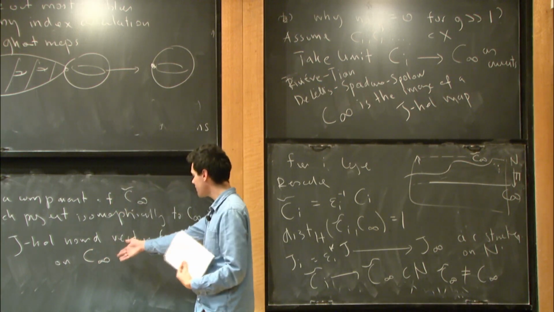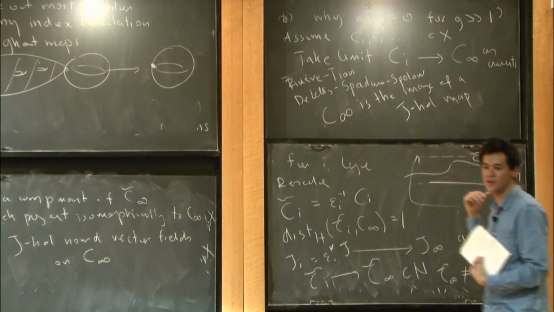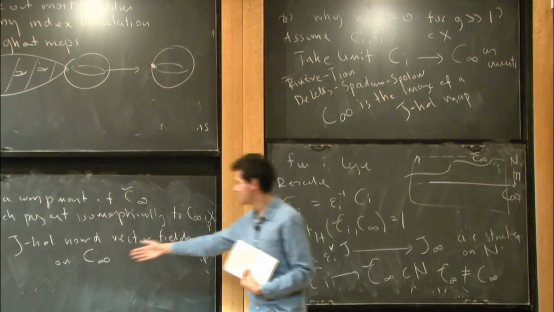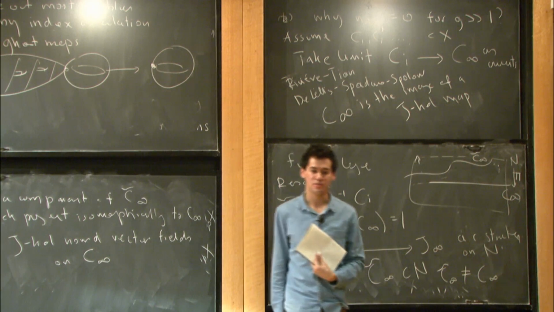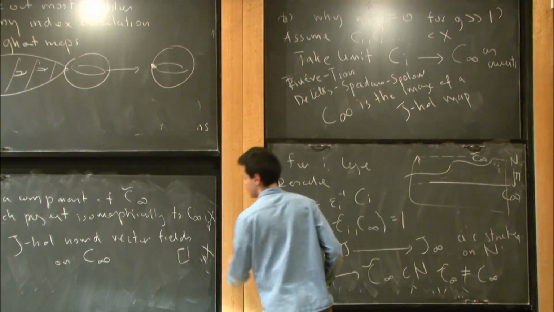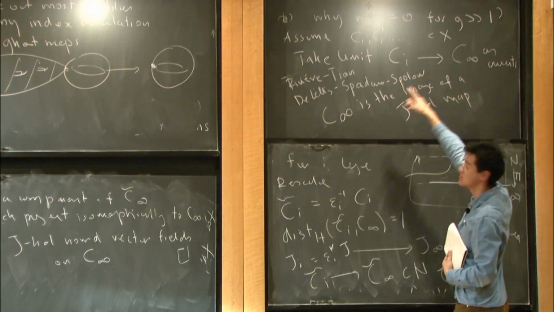So essentially, these are the things that give you a deformation of C infinity inside your original manifold. But generically, all J holomorphic curves are embedded and rigid. So generically, C infinity cannot have such a normal vector field, and that's a contradiction. The contradiction, of course, follows from the fact that we assume that we have this limit, this sequence.